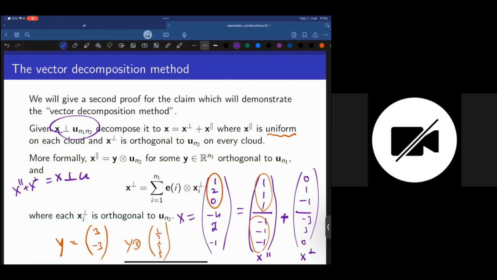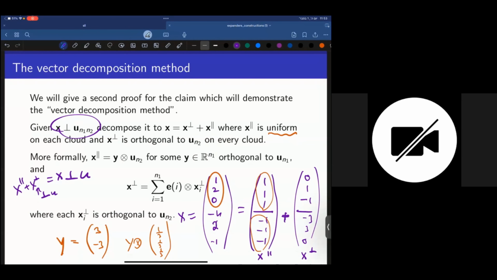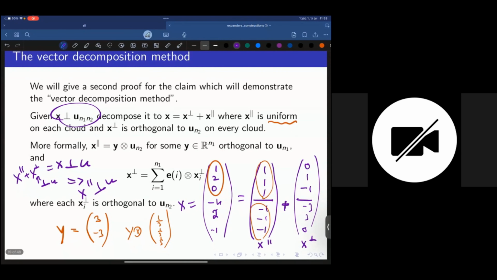By definition, this thing is also perpendicular to the uniform distribution. So both this and that element are perpendicular to uniform, and this means that the difference, or any linear combination of them, is also perpendicular. So this thing is also perpendicular to uniform, namely the sum is 1.